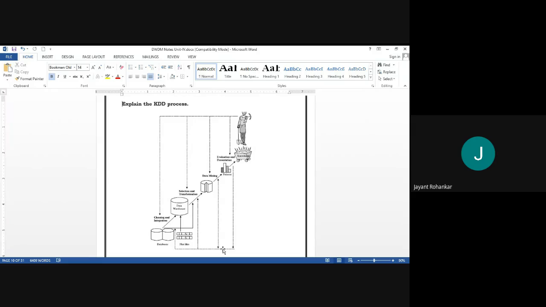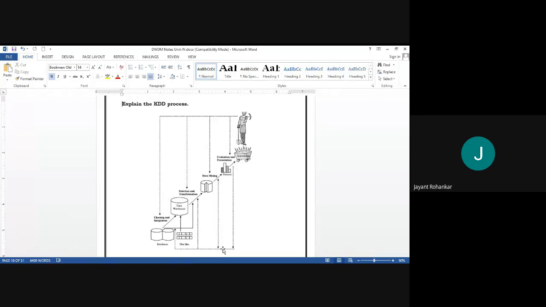That is the raw database, and from it we have to design one data warehouse. You know what is meant by a data warehouse. A data warehouse is a subject oriented, integrated, time variant and non volatile collection of data, which is used to take decisions in the management decision making process.